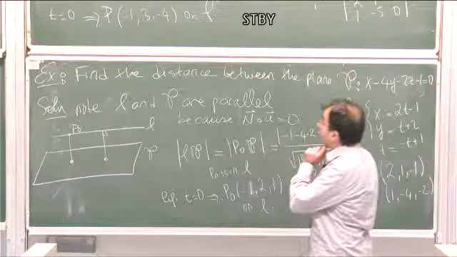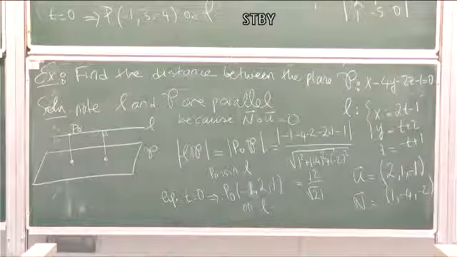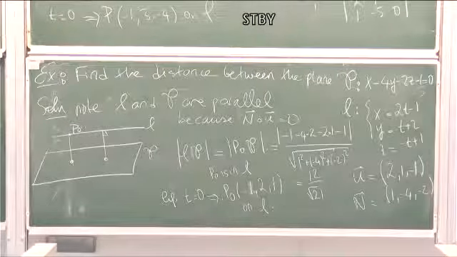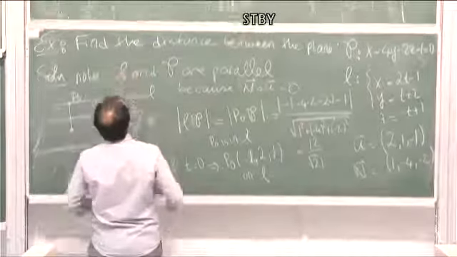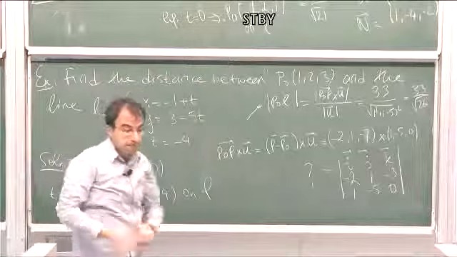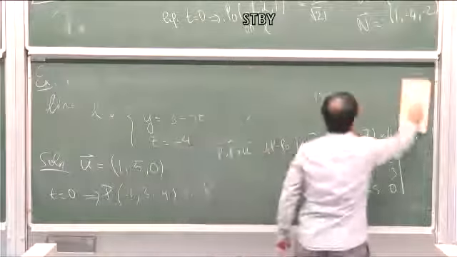Let's now talk about how we find the distances between points and lines in the plane. These formulas we used in space, but we can also use them, in fact, in the plane. Let's now see how this happens.